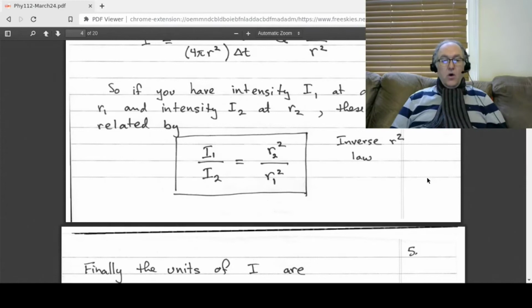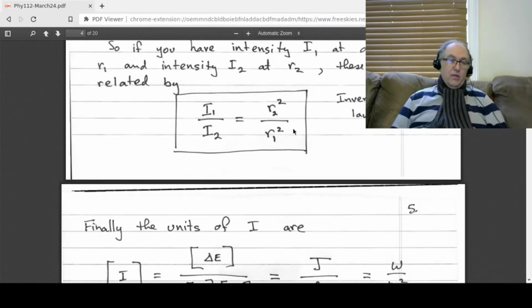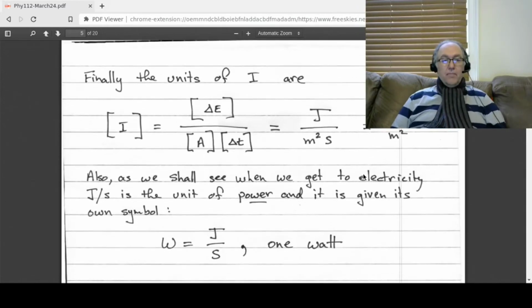One more thing before we jump in and do a problem, because now we can do problems with this formula. Let's look at the units of I. The units of I are the units of energy divided by units of area and units of time. Energy is in joules, area is meters squared, and time is seconds. So the intensity is measured in joules per meter squared second.